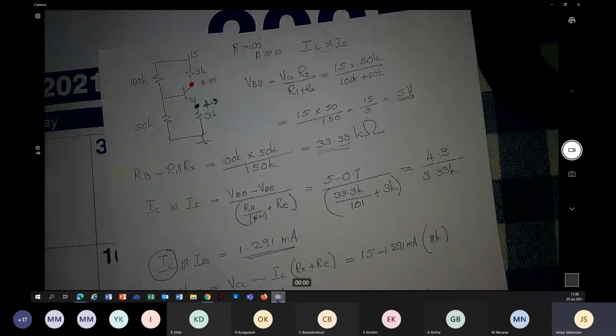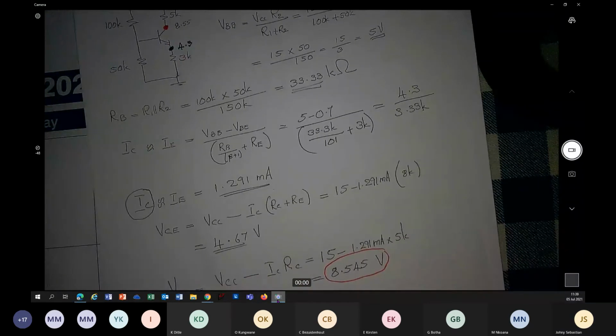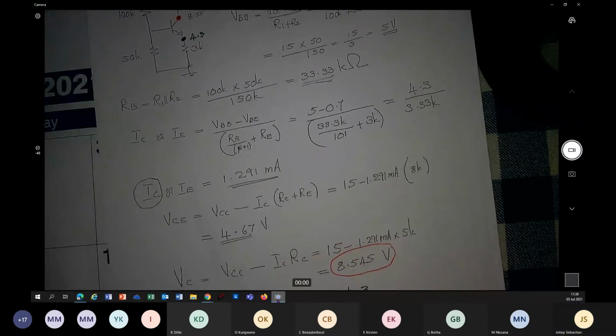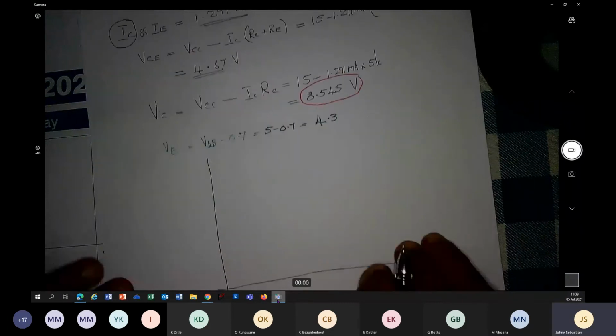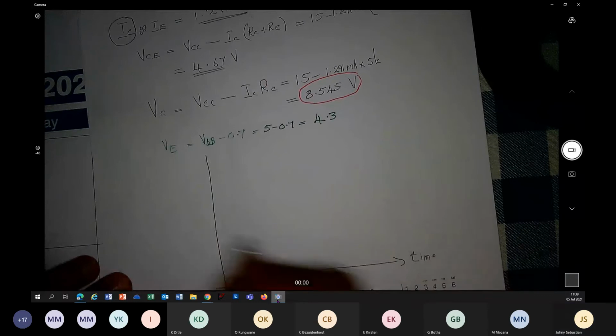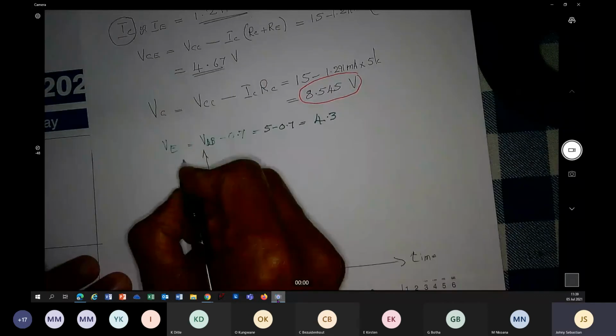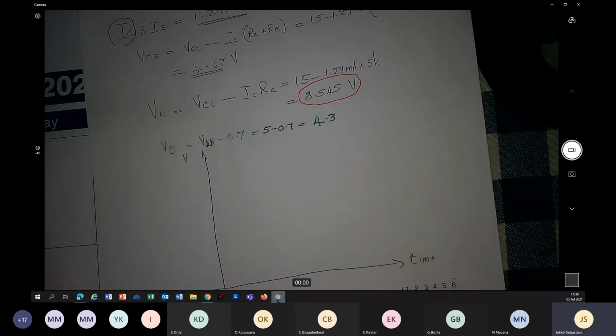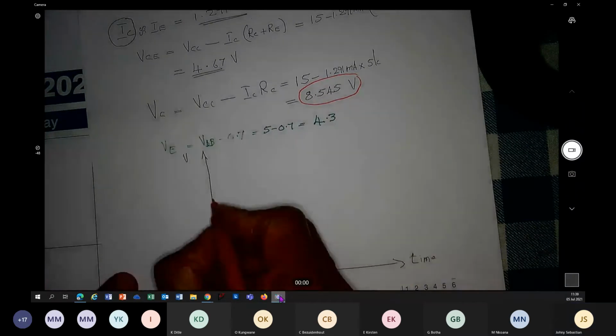Now, let's make a graph. On the X is time. On the Y is your voltage. Let's say, what is the voltage at the collector? Voltage at the collector, I'm going to mark it like that.